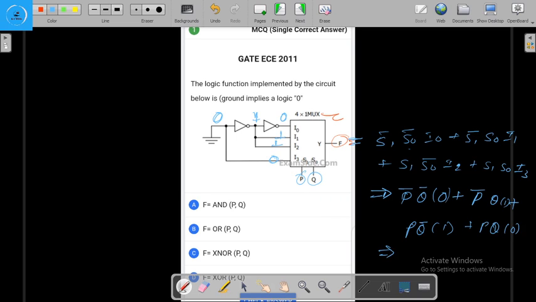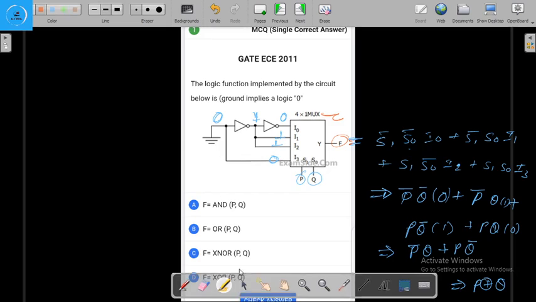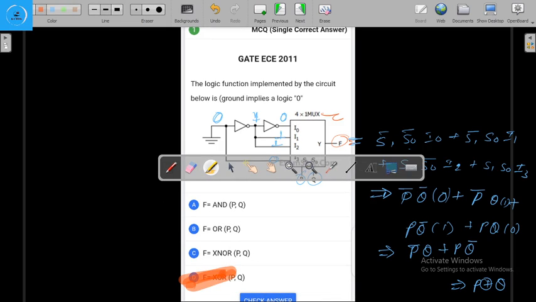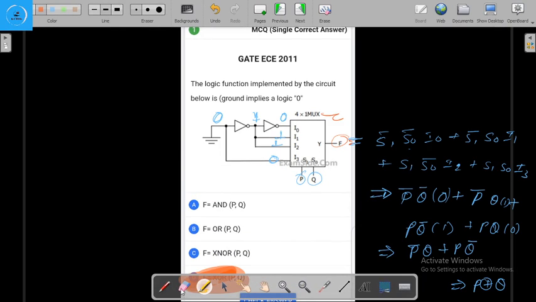So we can see that P bar Q plus P Q bar will be equal to P XOR Q. So our correct option is option D, P XOR Q. This is an easy question.